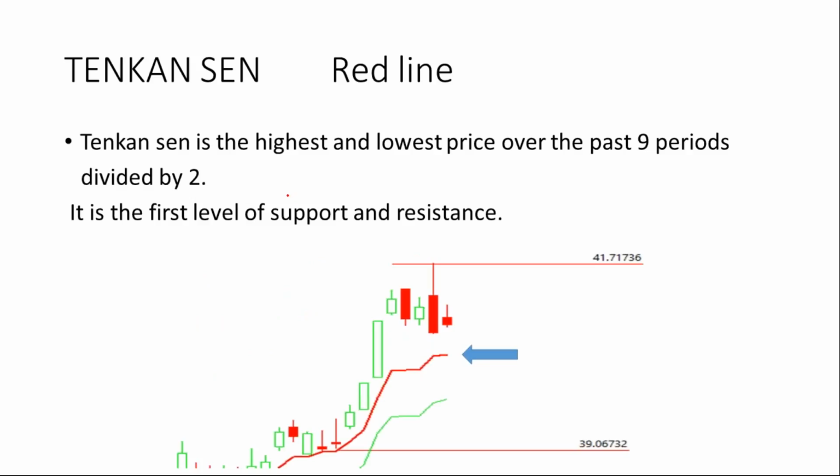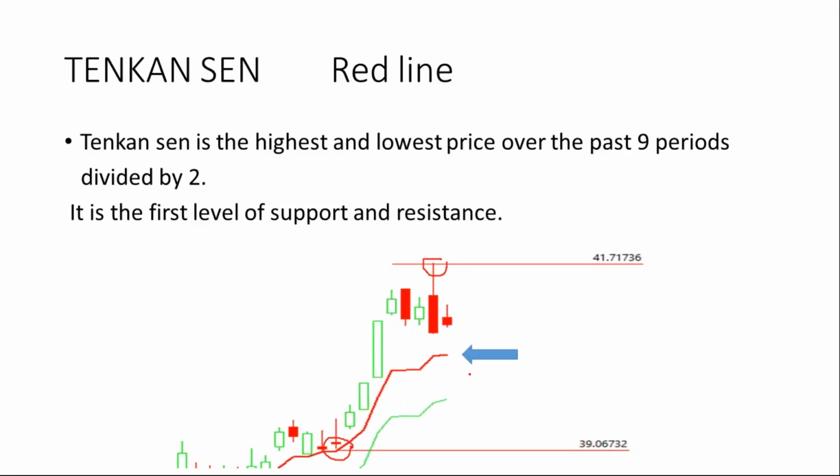There's the Tenkan Sen. It is the highest and lowest price over the past 9 periods. So it takes the highest price up here and the lowest price from 9 periods ago, and simply adds that number, divides it by 2, and you end up with the Tenkan Sen line.